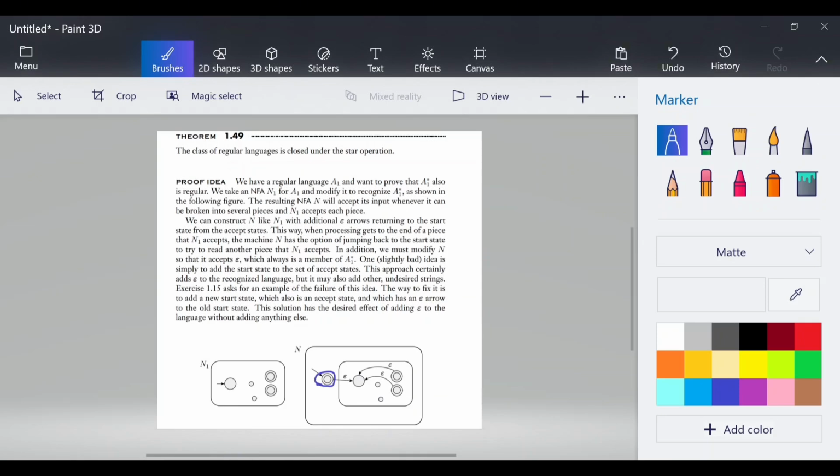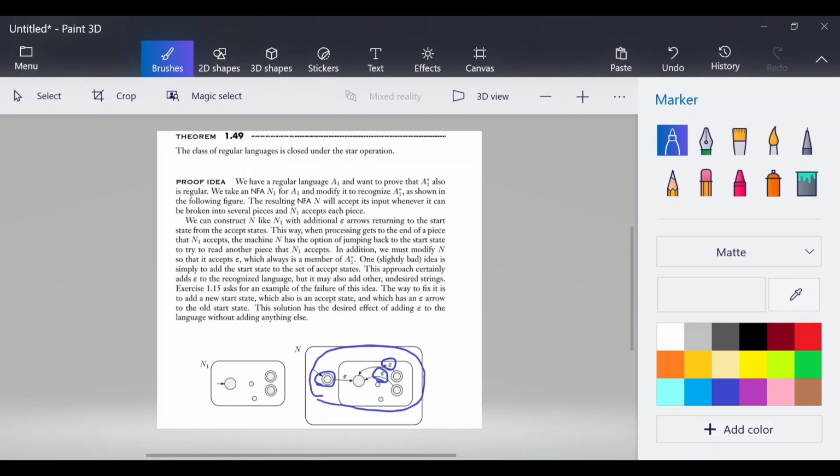After that we define an epsilon arrow to the starting state of the first NFA that we constructed for this language. So all we have to do is define these arrows from our acceptable states to the start state of the NFA we constructed before, and define one new starter state that is also an acceptable state, with one new epsilon arrow to the start state of the NFA constructed here. So this is the idea that you can see here.